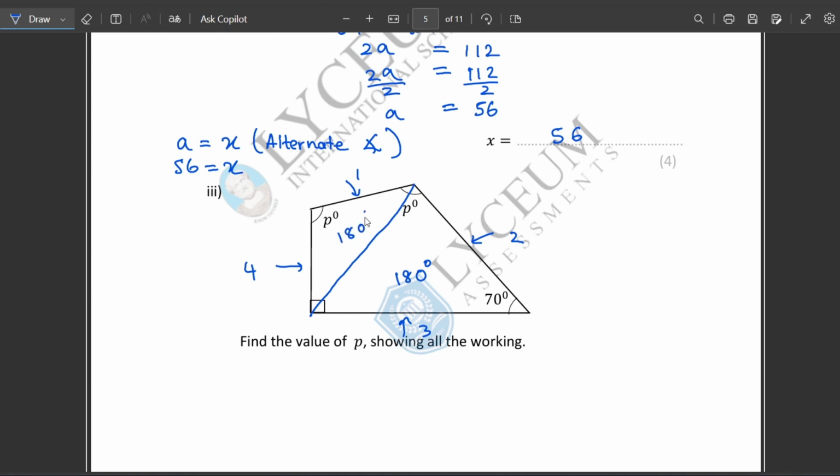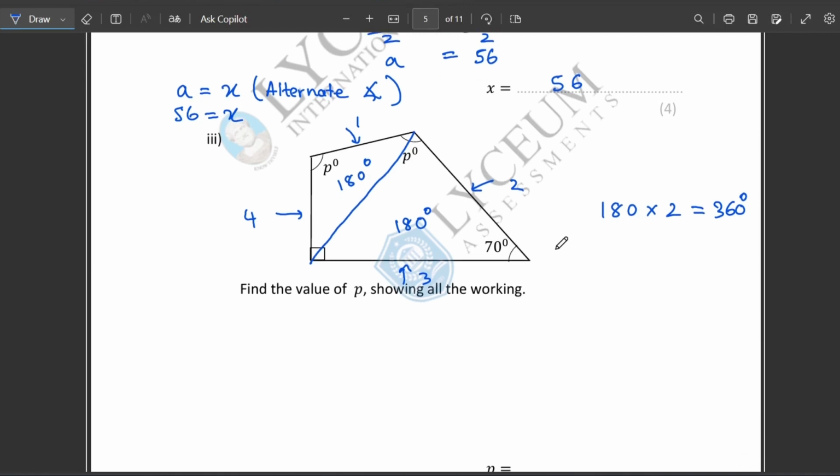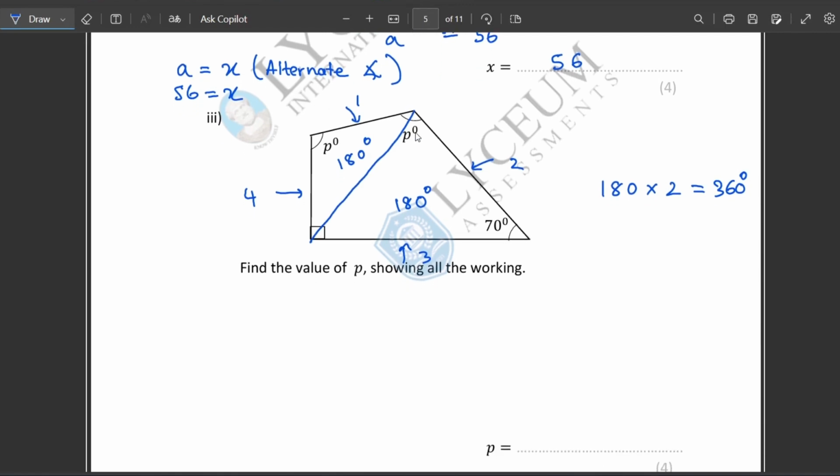Two triangles have 180 times 2. So you already know that the sum of interior angles of a quadrilateral should be equal to 360. So if I add all these angles, I should get 360.